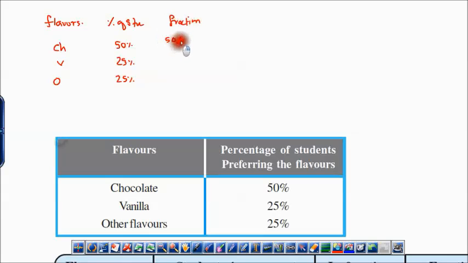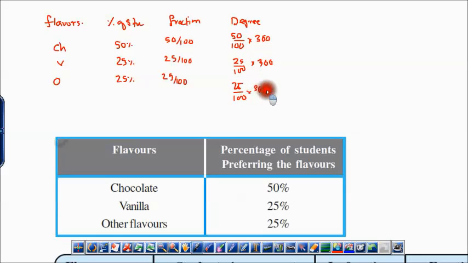50% का fraction is 50 upon 100, 25 upon 100, 25 upon 100. और वो फ्रैक्शन को डिग्री में कन्वर्ट करने के लिए एंगल यू हैव टू जस्ट मल्टीप्लाई द फ्रैक्शन विथ 360. तुम कैंसिल यहाँ पे भी कर सकते हो, यहाँ पे भी बात एक ही है. 25 अपॉन 100 इंटू 360, 180 डिग्री, 90 डिग्री, 90 degree.